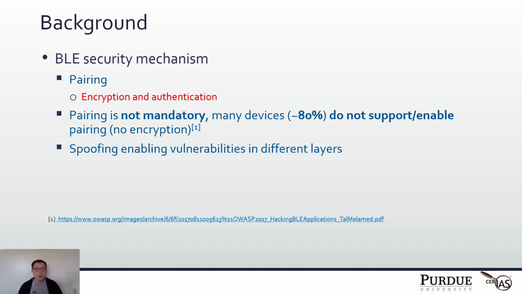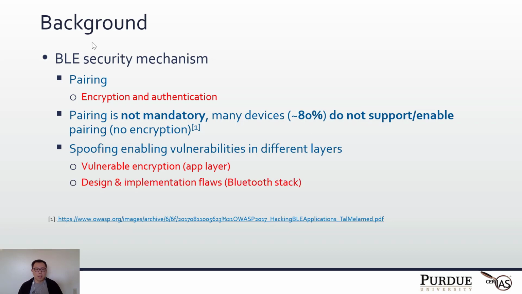For example, the encryption at the application layer might be vulnerable, which can enable spoofing attacks. The design and implementation of the Bluetooth stack may have vulnerabilities. And the other parts of the device may also have zero-day vulnerabilities to enable spoofing attacks. Therefore, there is a need for a general approach to detect spoofing attacks in BLE.